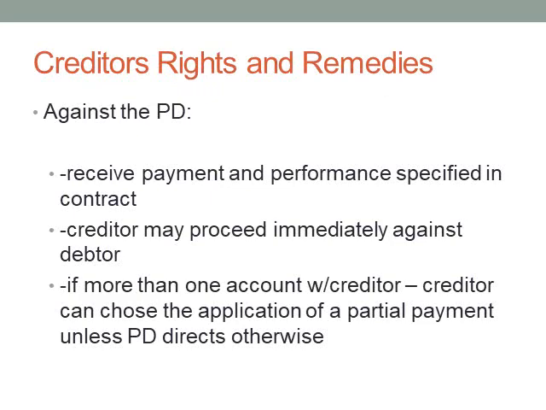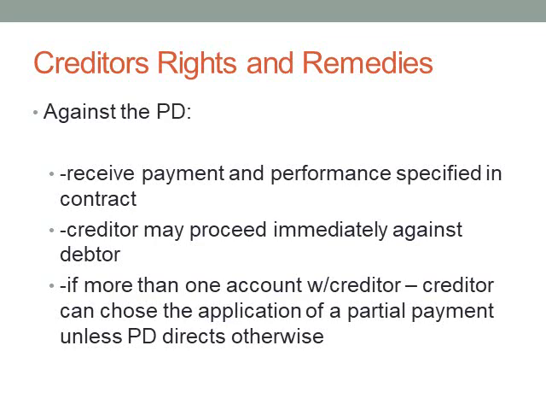So creditor's rights and remedies, I kind of broke them down with regards to who the opponent would be. Against the principal debtor, the creditor has the right to receive payment and performance specified in the contract. The creditor may proceed immediately against the debtor upon default.